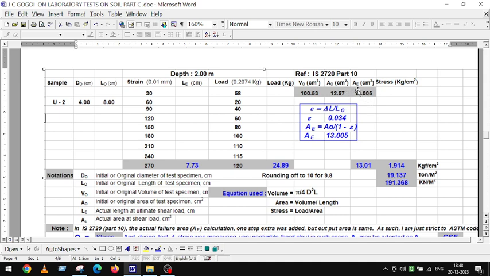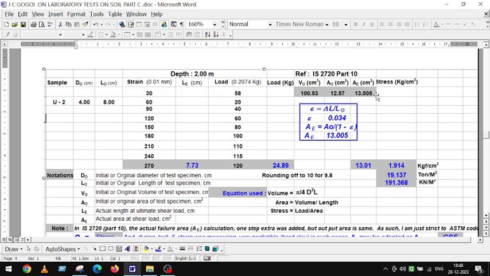It is the area of the sample after shearing. There is a difference between rock and soil. In rock, we consider that there will be no specific diameter change, so the area will be the same as the original area.